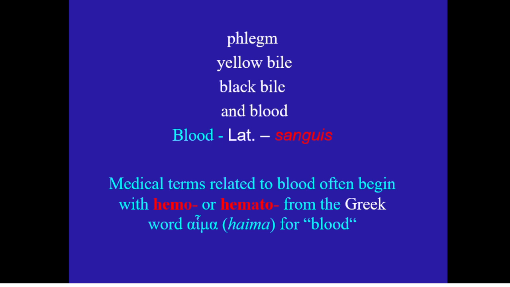But medical terms related to blood often begin with the prefix hemato, from the Greek word haima, which means blood. So hematology is the science about blood. Hematotransfusion is a transfusion of blood. Mainly, we use these terms.